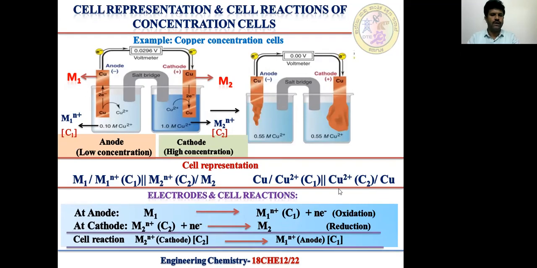So next, electrode and cell reactions. As we know, oxidation reaction takes place at the anode and reduction reaction takes place at the cathode.